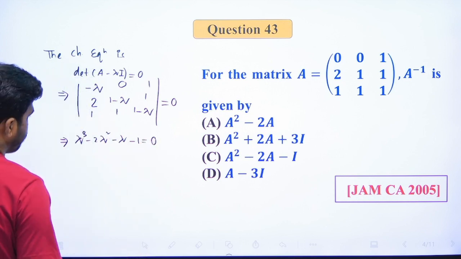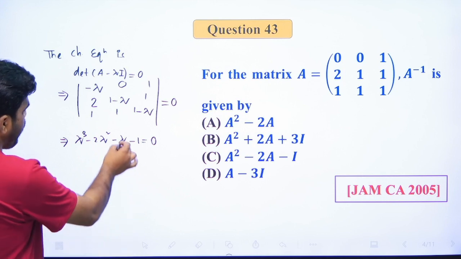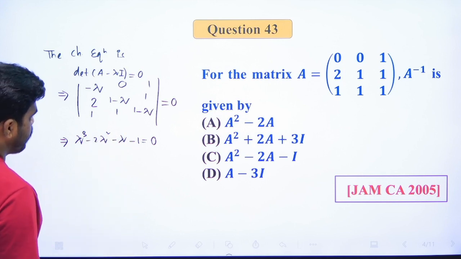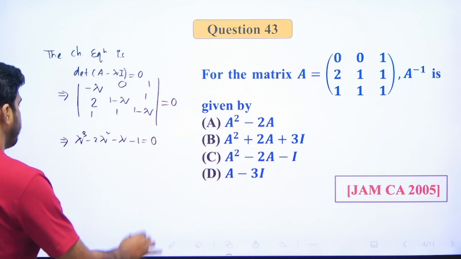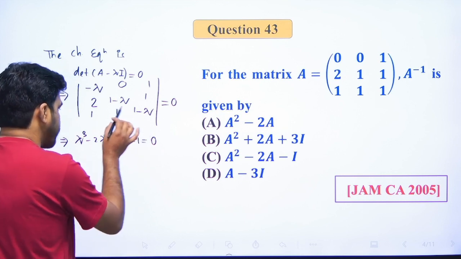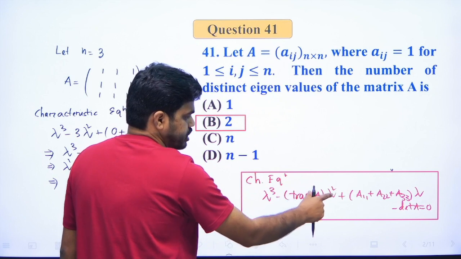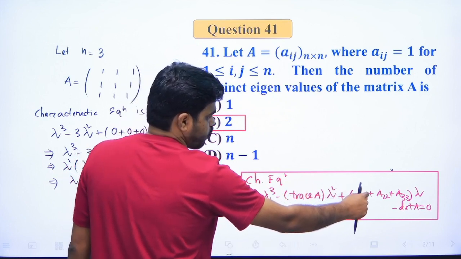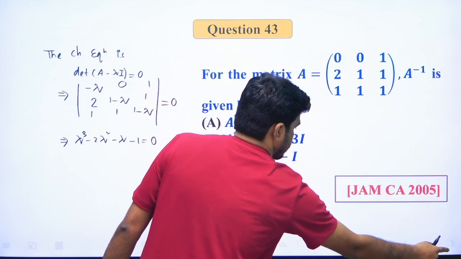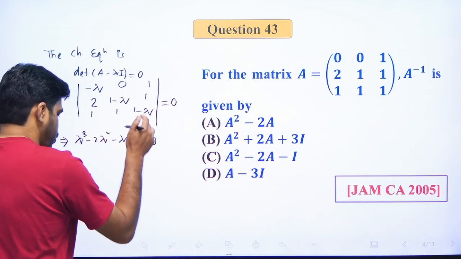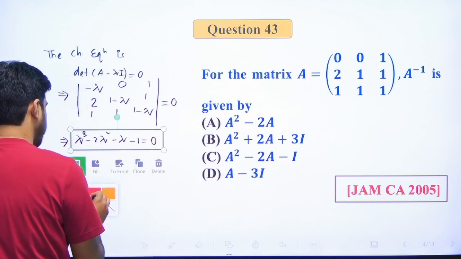I think you can simplify it. Okay? Alternatively, you can just apply this rule: lambda cube minus trace A into lambda square plus (a11 plus a22 plus a33) into lambda minus determinant A. If we apply this, you get this form. So this is the characteristic equation.